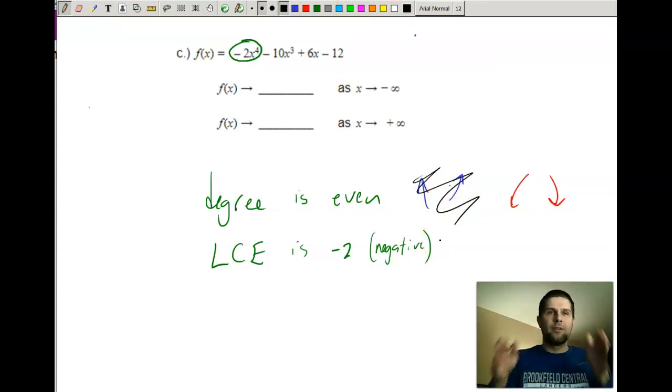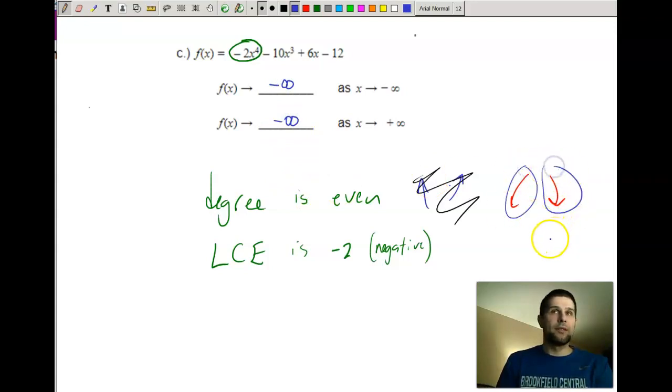They're both going to be going down. Right? And we can double check that, plug it into Desmos, plug it into your graphing calculator, check that and mess around with those tools because it's going to help you make those connections. So formally, how do we put this into this notation? Well, we're going to say f of x approaches -infinity for both of them because the graph is going down both ways. It's going down and to the left and down and to the right.